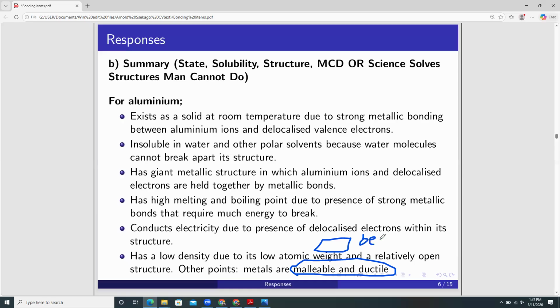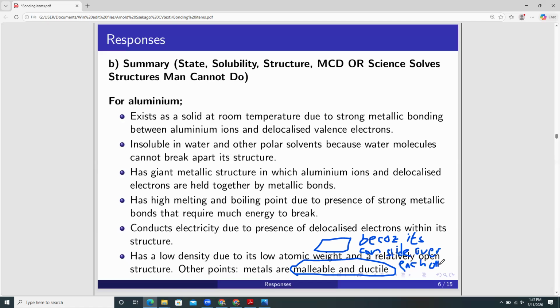Let me try to write something here. It's malleable and ductile because its layers can slide over each other.